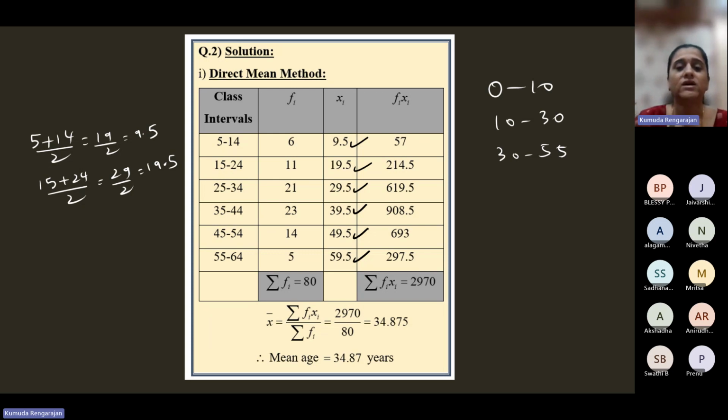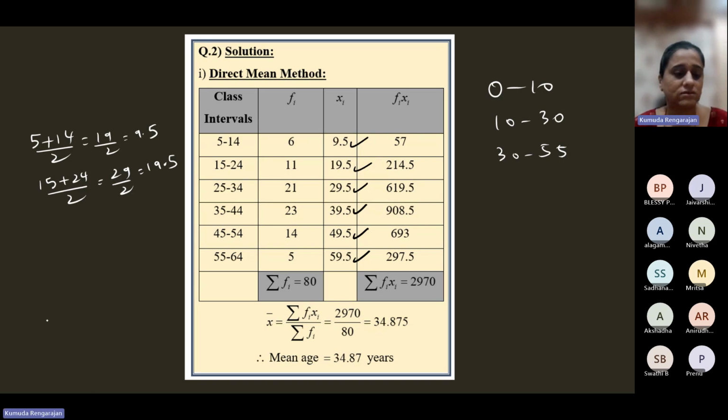So here, if you get 9.5 for the first one and 19.5, you can't write 29.5, 39.5. No. If the class intervals have a uniform width, if they follow a rhythm, then xi also will follow that rhythm. By rhythm I mean the class width is the same, like here 5 to 14, 15 to 24, 25 to 34.